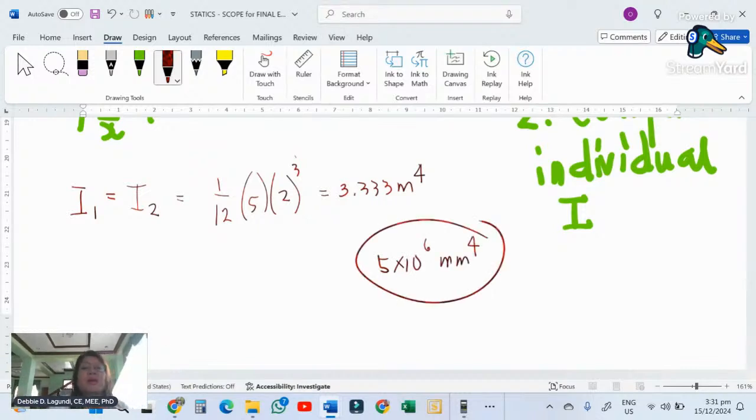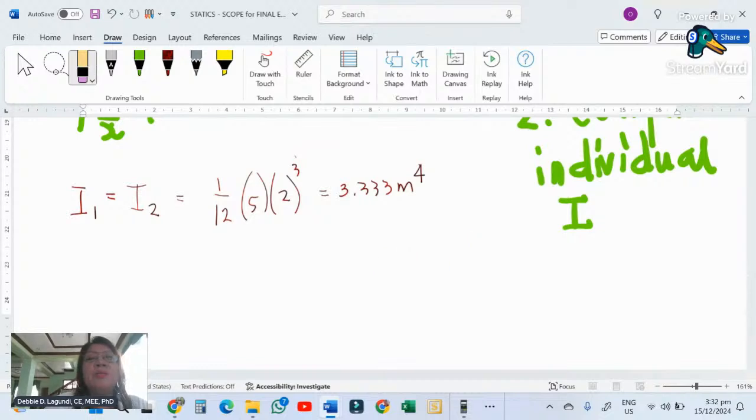So to make calculations easy, I just did it like this, okay? This is just for purposes of discussion, right? More often, it's in millimeters.